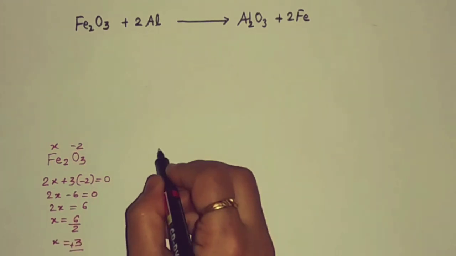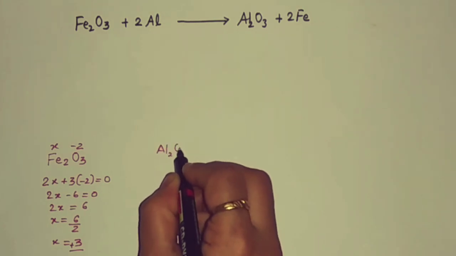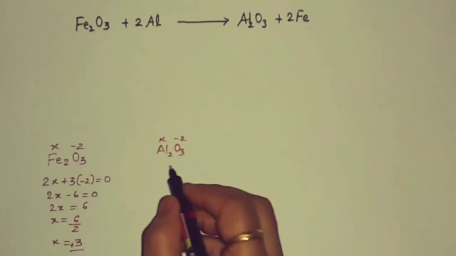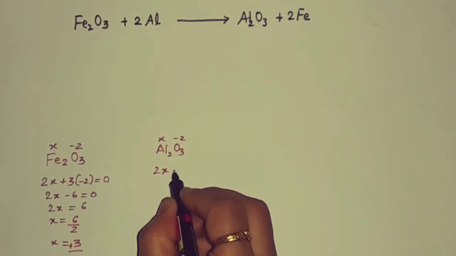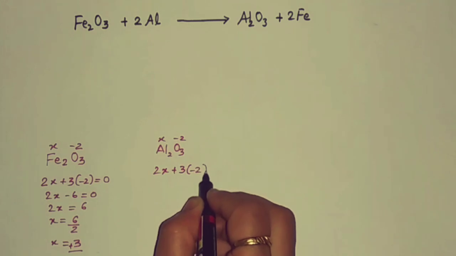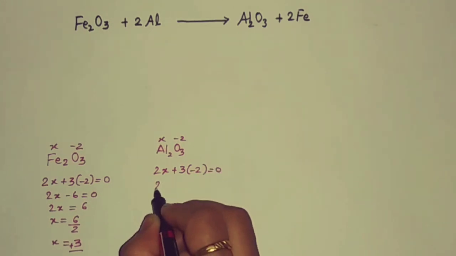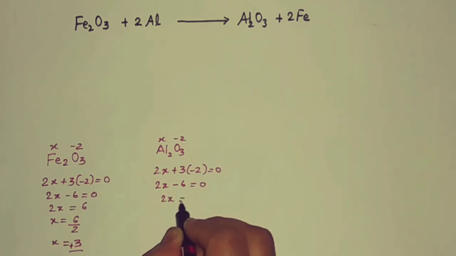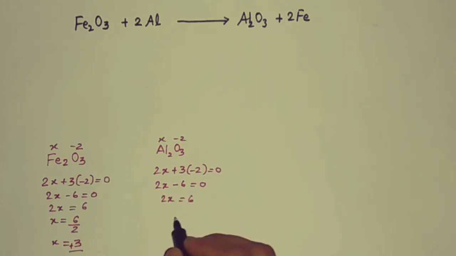Let us calculate for aluminium. Al2O3, so x and minus 2. On substituting the values, we get 2x plus 3 into minus 2 is equal to 0. 2x minus 6 is equal to 0, 2x is equal to 6, x is equal to 6 divided by 2, x is equal to plus 3.